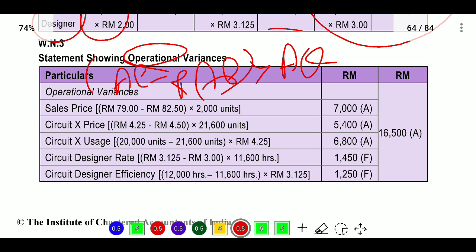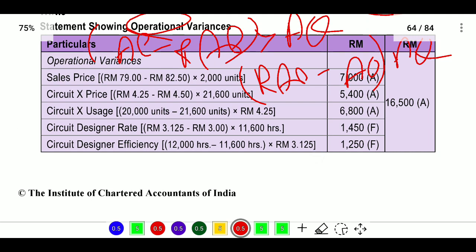This is the expenditure side. So revised actual price minus actual will be 4.5 into which quantity? Actual quantity we will take. Next, usage means quantity. Which quantity will we take? Revised actual quantity minus actual quantity into price.